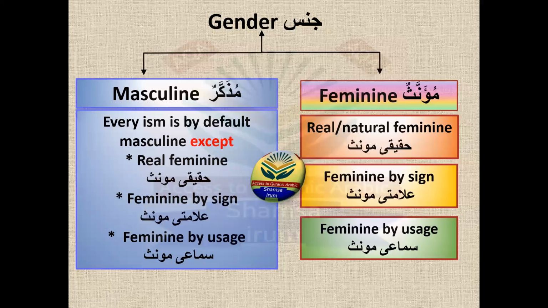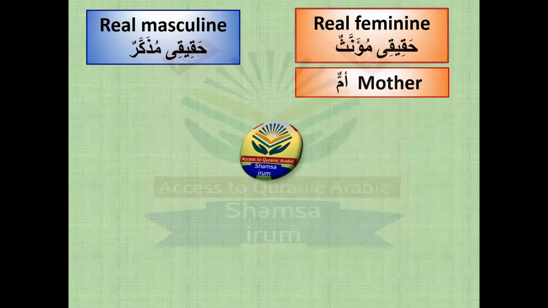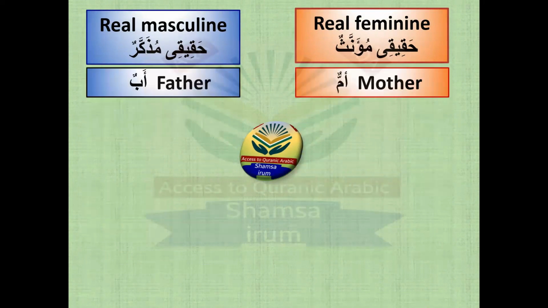First, I'm going to discuss the real feminine, natural feminine, hakiki mu'annas. What is this? In every language, they have the opposite of it as well. If we discuss the hakiki mu'annas, there must be the hakiki mudhakkar as well. If we are discussing any real feminine, there must be the real masculine as well. Just suppose if I say mother, the opposite of it is father in every language.